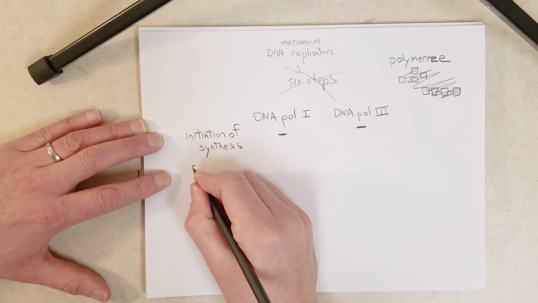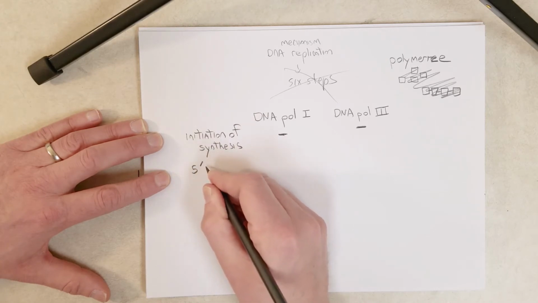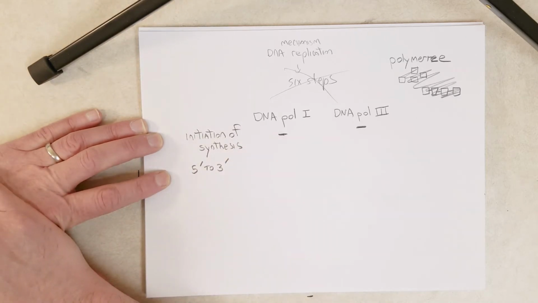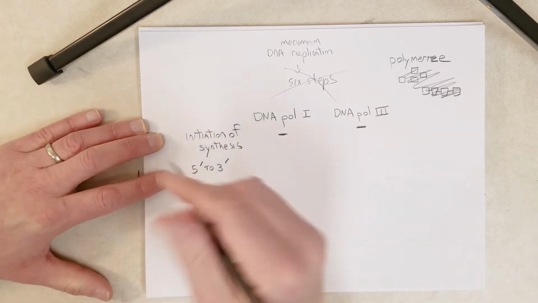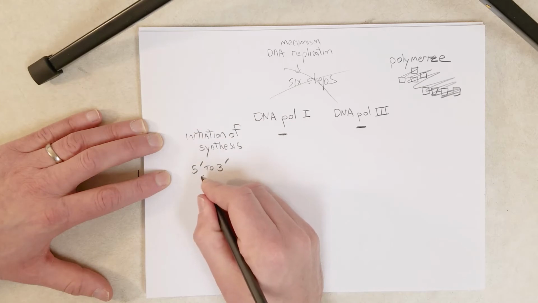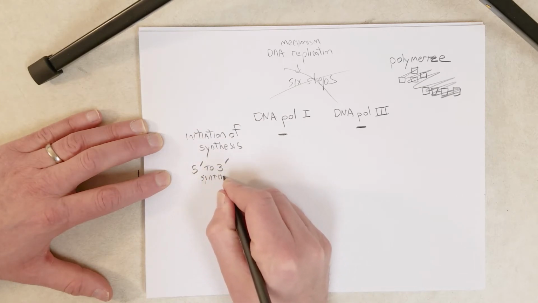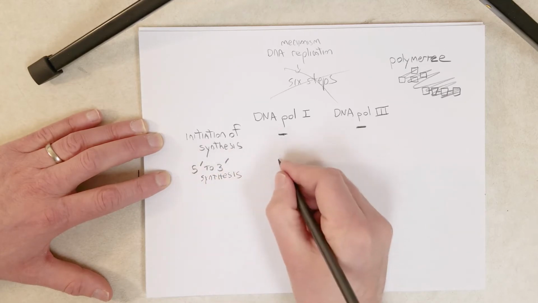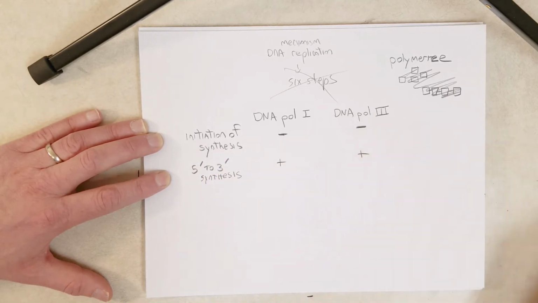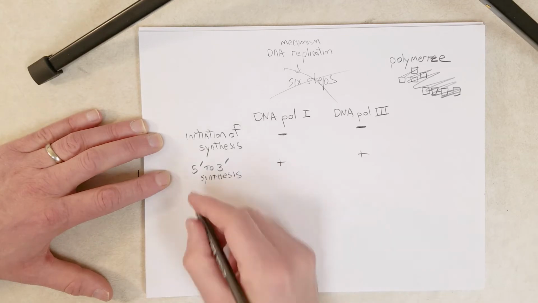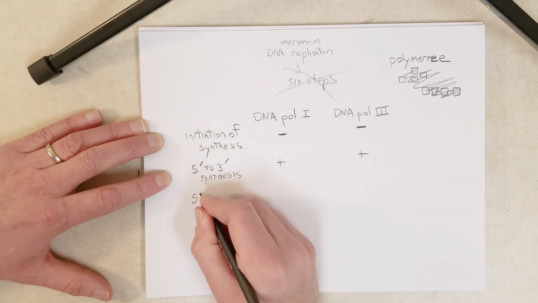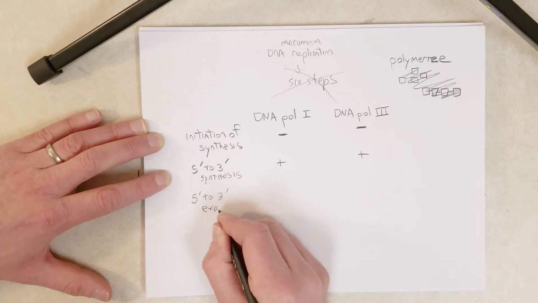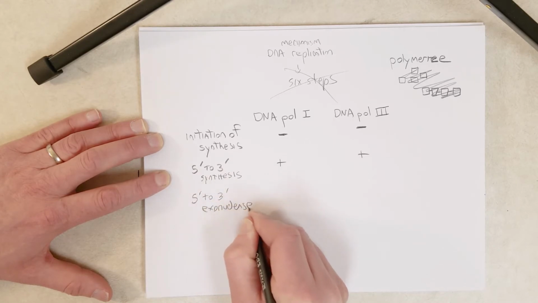There is also an activity called a 5' to 3' polymerization activity. So 5' to 3' synthesis. Sometimes I call it polymerization, sometimes I call it synthesis. It means the same thing. So they both have that property. There is a property called 5' to 3' exonuclease activity.